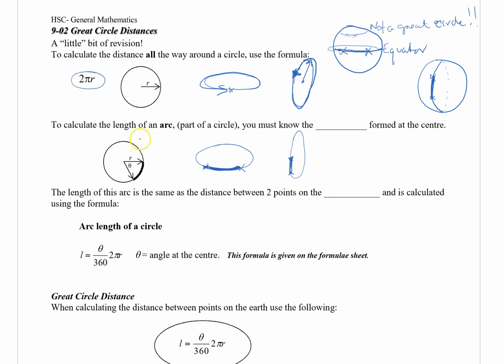Now, if you're only doing part of the entire revolution, then you have to know your angle. So this is really important, the fact that we've got that angle here. So we would have to know likewise the angle coming out from the middle, or we would have to know the angle formed in the middle.